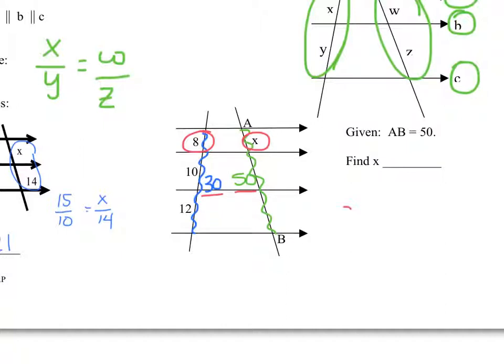And so we could do 8 would go with 30 because they're both on the left side, and x would go with 50 because they're both on the right side. And then we'll cross multiply 8 times 50 and divide by 30, and we get that our x equals 13.3 repeating. So we don't want to leave it as a decimal though, we'll just write it as a fraction, 40/3.